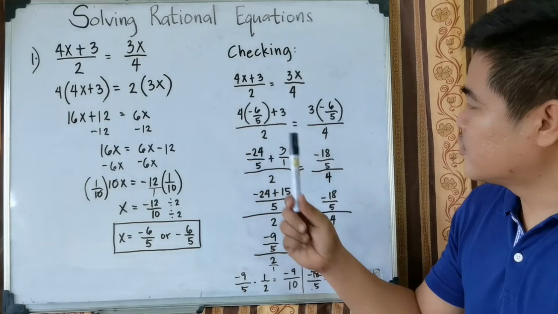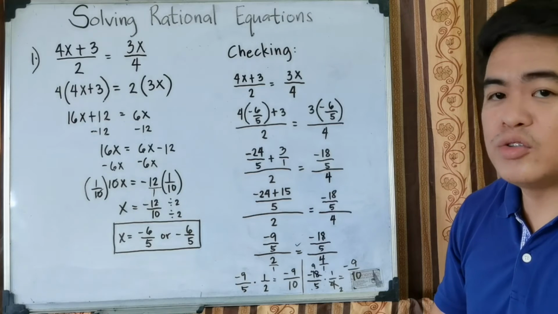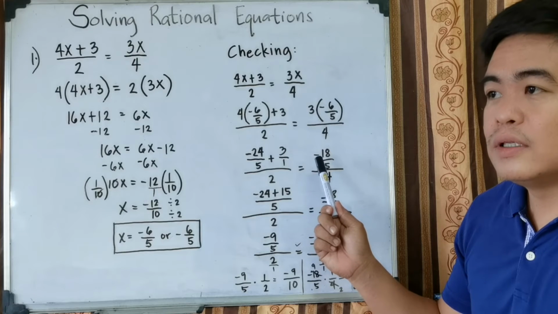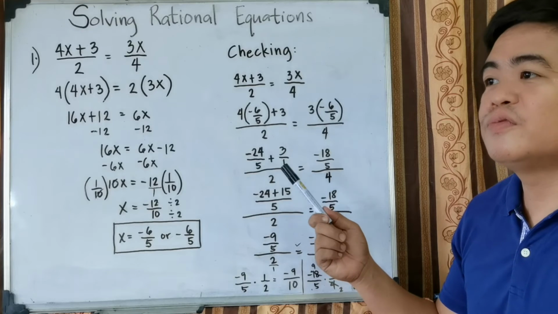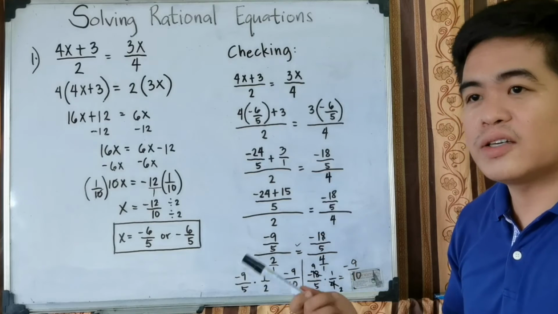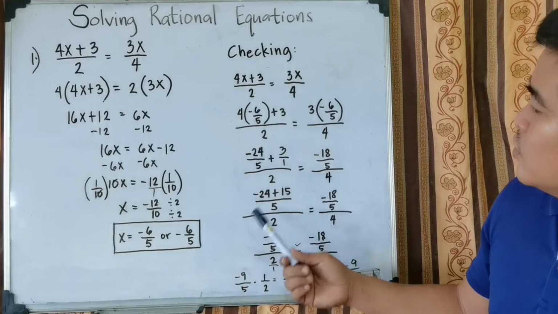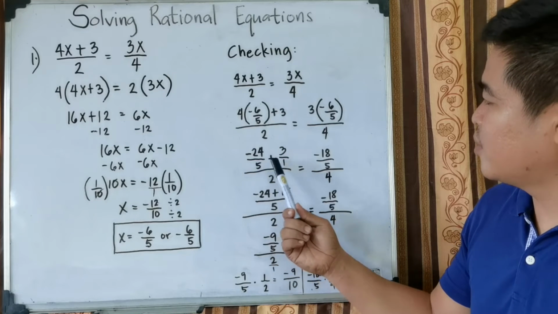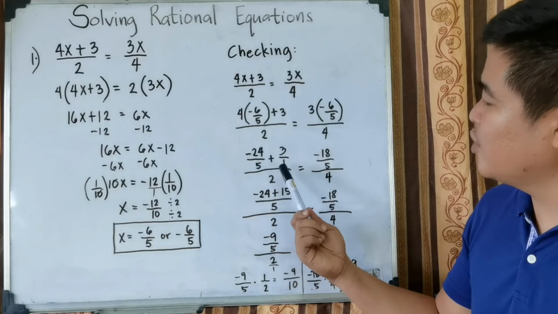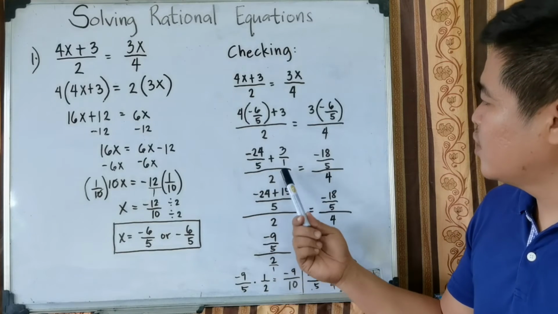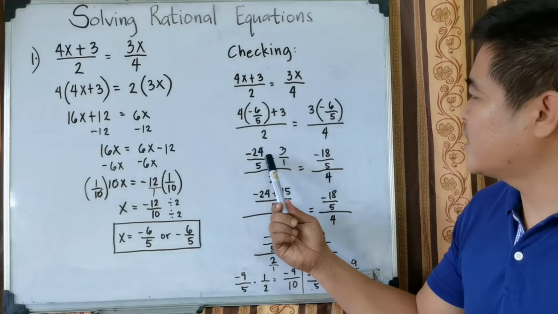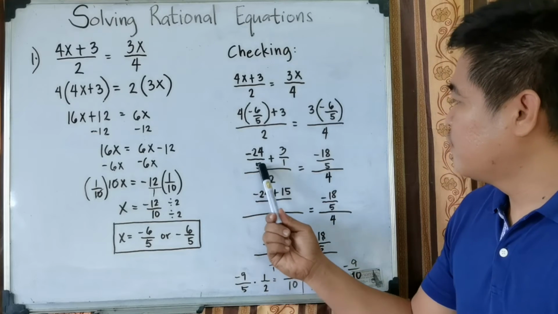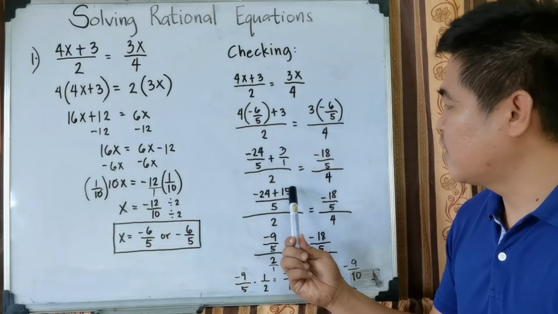Actually, in adding fractions, you do not necessarily have to find their LCD, but you can find a common denominator. Here, I think their LCD is 5 because you have 5 times 1. Or, to make your computation faster, you can do cross multiplication. You have 1 times negative 24, so you have negative 24, plus 5 times 3, you have 15.